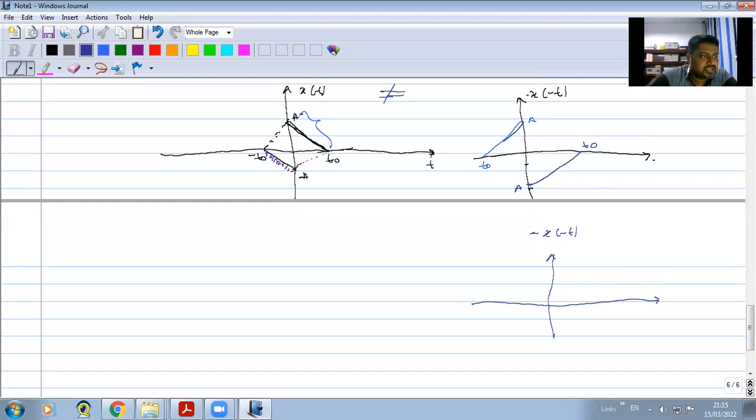This side will be minus value, so this A will be minus and the corresponding whole value will be minus, and this 0 will be 0. So if this is A, you will get this kind of one up to t naught. So this is the minus x(-t).